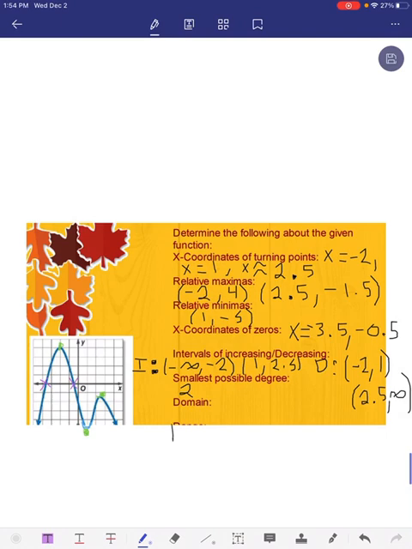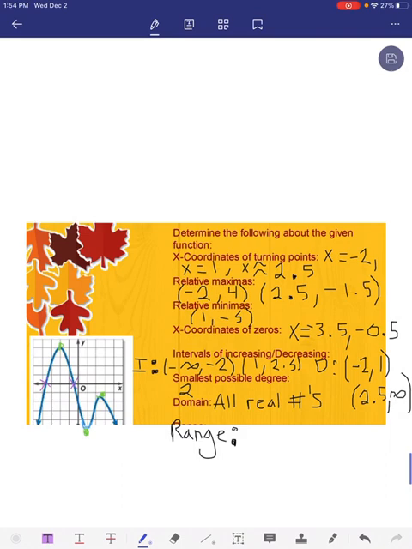Now our last 2 things, we want to look at the domain, and the range. So notice that I have arrows on both the left and the right hand side, which tells us that we're going on forever. And because we don't have any holes or breaks or jumps in the graph, we can say that this is all real numbers. Now, because both of our ends are pointing down, we know that we can be any y value that goes down forever.